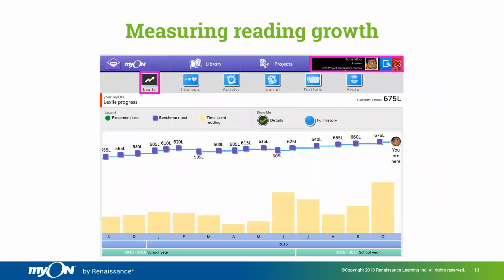But for the students, from their home page, when they click onto their name and then click onto the Lexile tab, they can actually themselves see how their Lexile has begun to change as they start reading more.